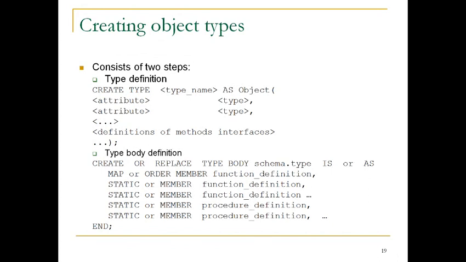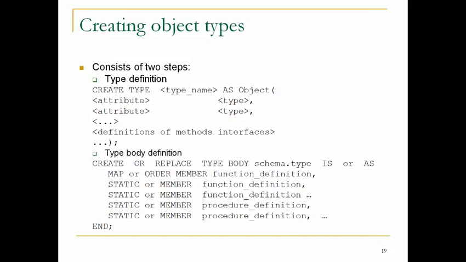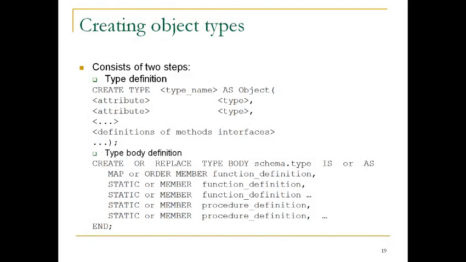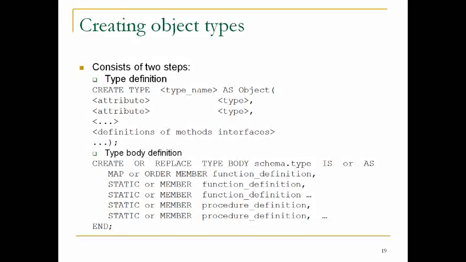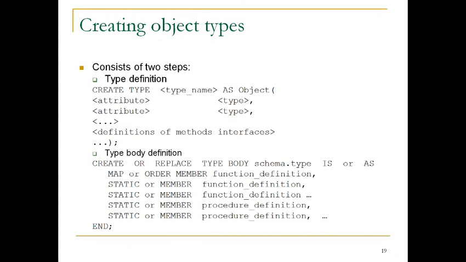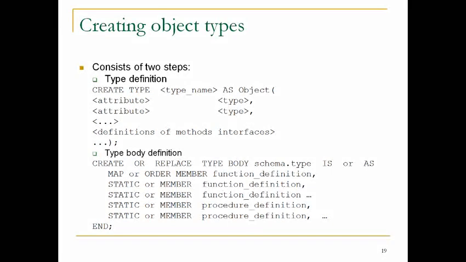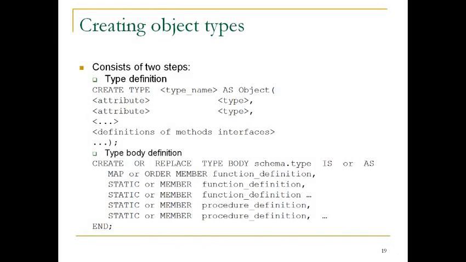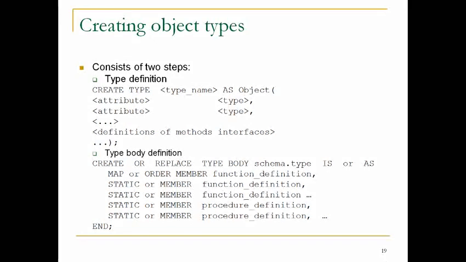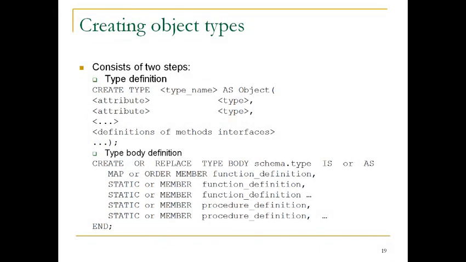It is the same as create table name: attribute, its type, and so on. The only thing that we can add is the method interfaces here. I'll not comment on them now. And of course, the type body will differ from the table. There will be particular definitions of the functions and procedures that are included in the object.